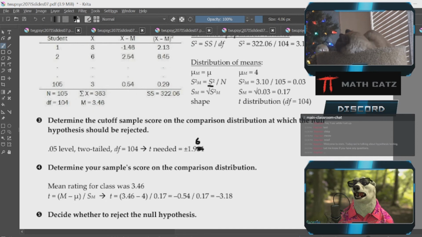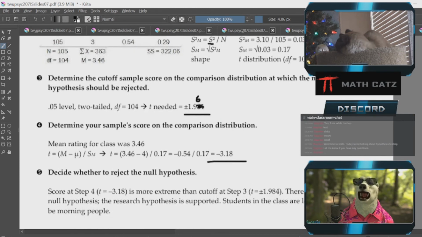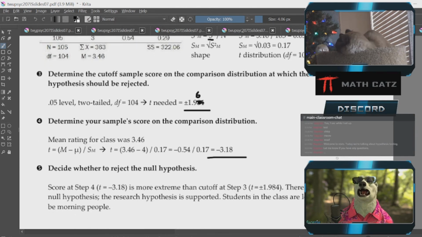There's my mouse. So our mean score for the sample was 3.46. Calculate the corresponding t-score and see how that compares with the cutoff line. And then we see, ooh, this is way further. And we therefore reject the null hypothesis.